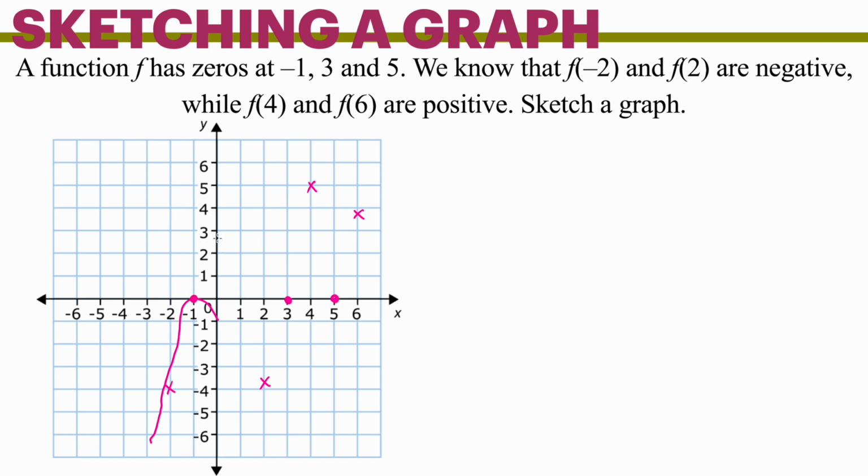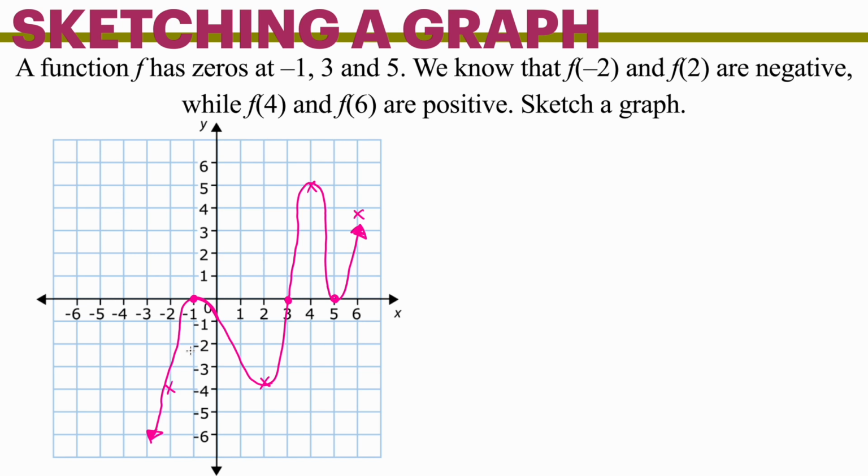Because if it went above, we can't get back down here to the negative because there were no other zeros, so it could not cross the x-axis, which means it must have bounced to come back to something negative. And then from here, it crosses through to be positive, but it's got to be positive again on the other side, which means it must have bounced again to become positive again. So that is some type of sketch that we're going to have.